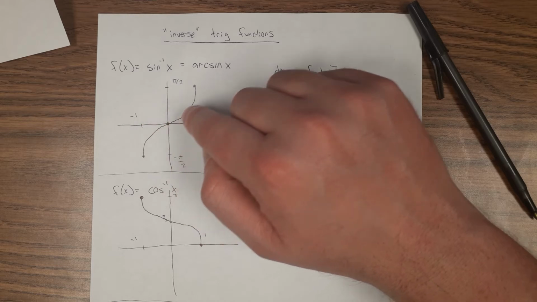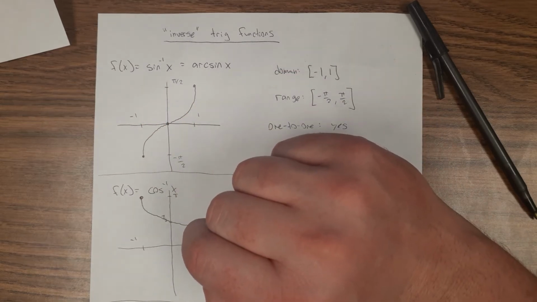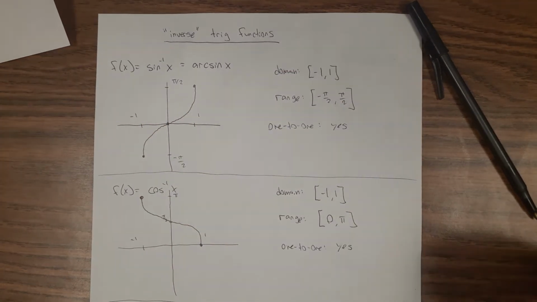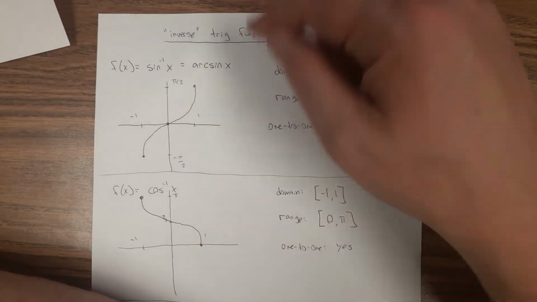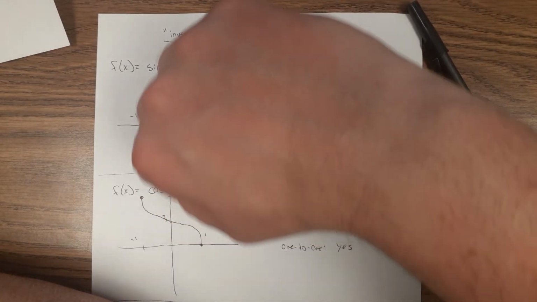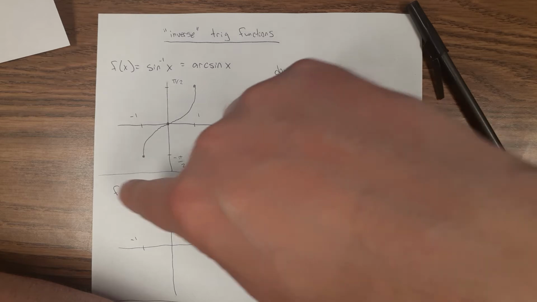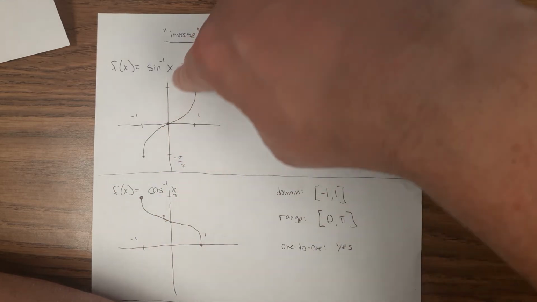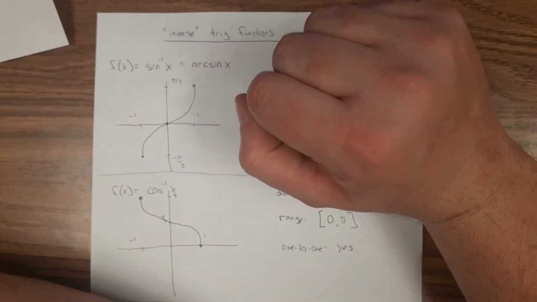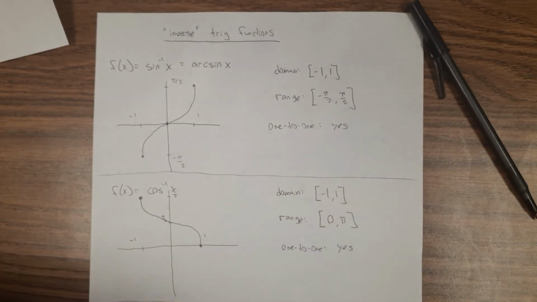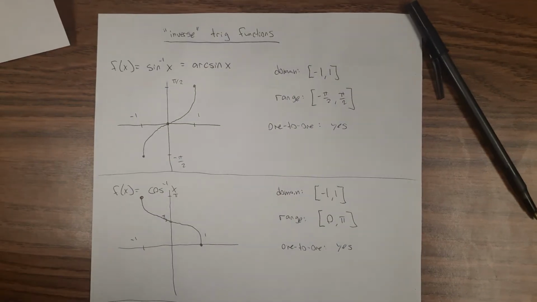I get this picture. If I had flipped the entire graph, it would zigzag upwards forever, and that wouldn't be a function, because it wouldn't pass the vertical line test. So that's why we only take part of it.